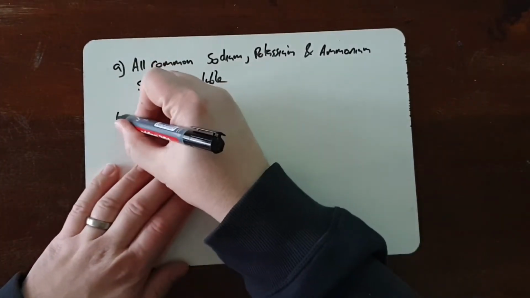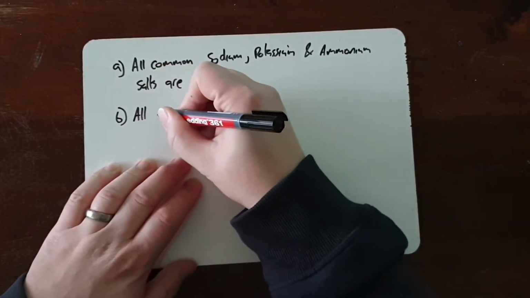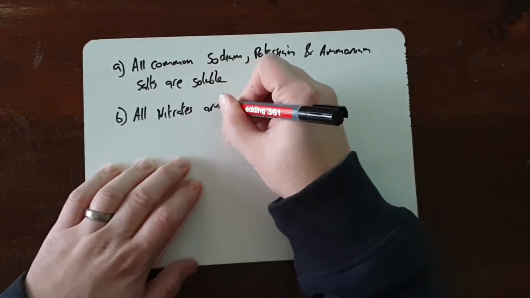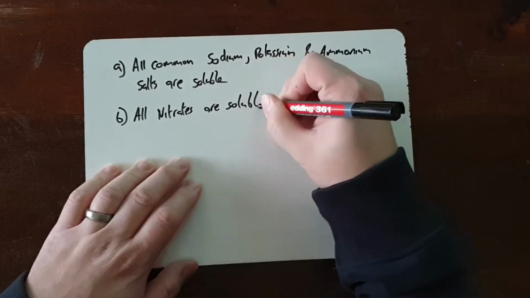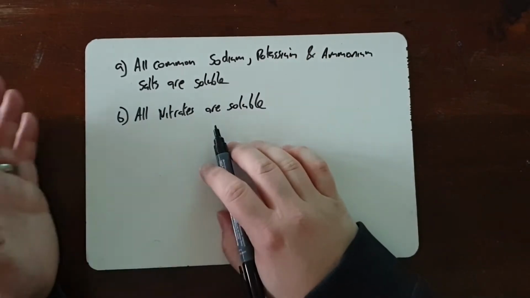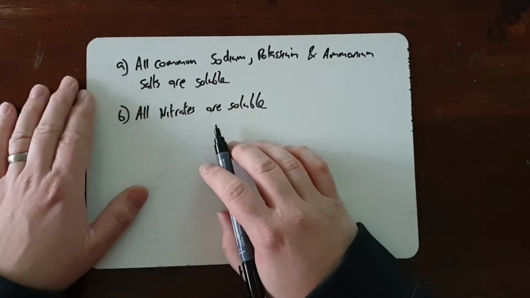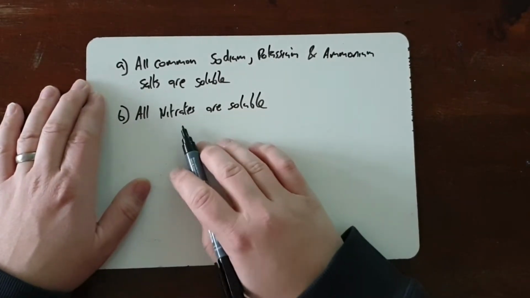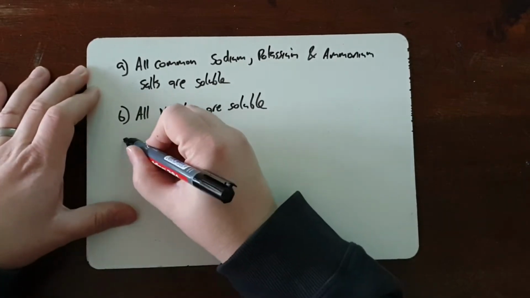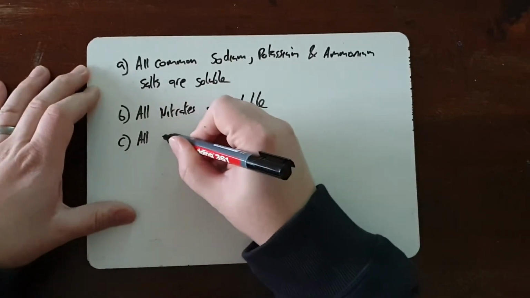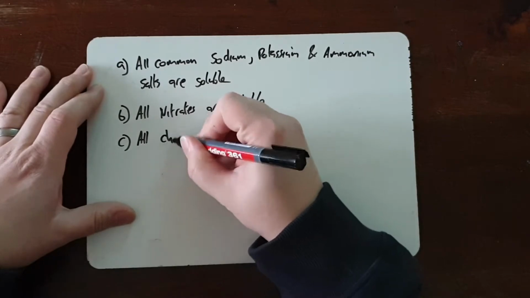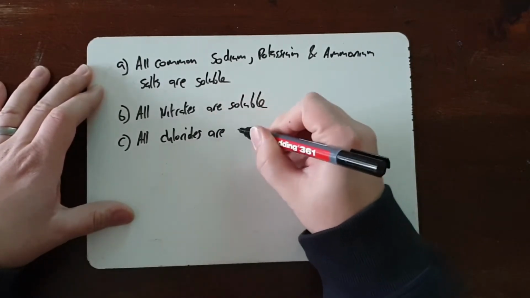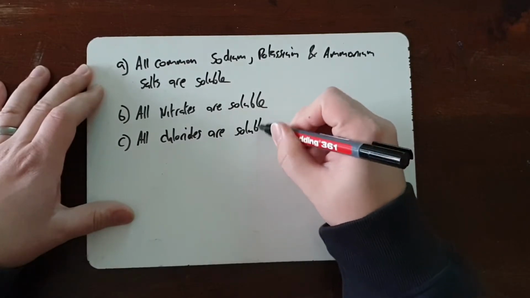So second part, B, is all nitrates are soluble. So it doesn't matter what the first part is. Iron nitrate, lead nitrate, copper nitrate. The nitrates are soluble. So C, all chlorides are soluble.